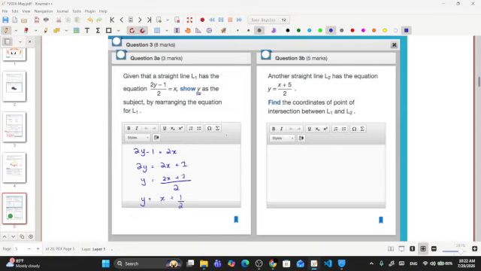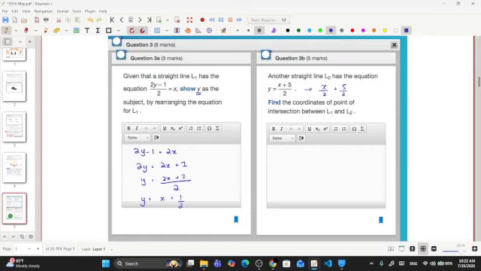Another straight line L2 has the equation y equals x plus 5 over 2. Find the coordinates of the point of intersection between L1 and L2. This is something that we did in simultaneous equations. In simultaneous equations, we talked about coordinates of point of intersection. So, this line can also be written as x over 2 plus 5 over 2.